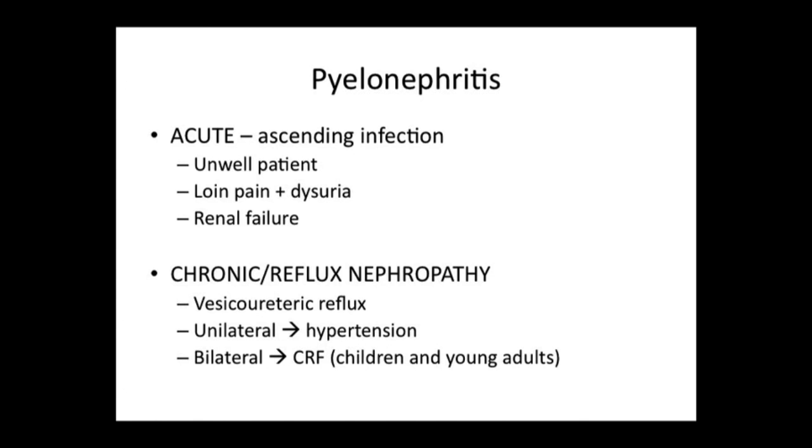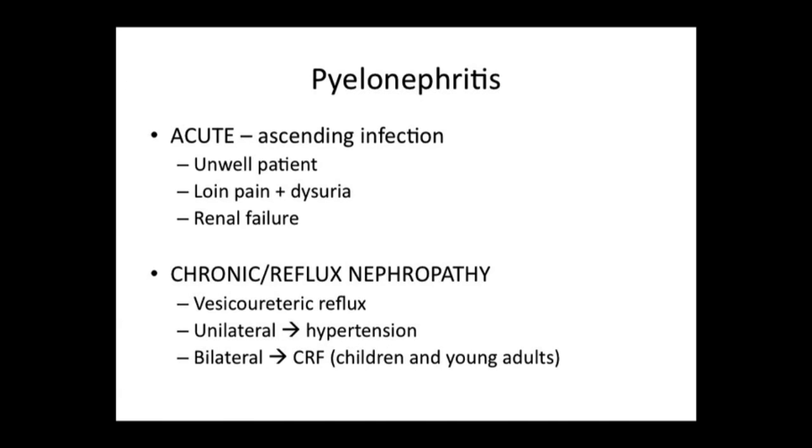The other key problem that's particularly important in kids when we discuss renal medicine is pyelonephritis. Okay, so pyelonephritis is the sort of extreme complication of a urinary tract infection, where the infection has ascended from the bladder, where it's causing cystitis, up to the kidneys, and is now involving the whole kidney.